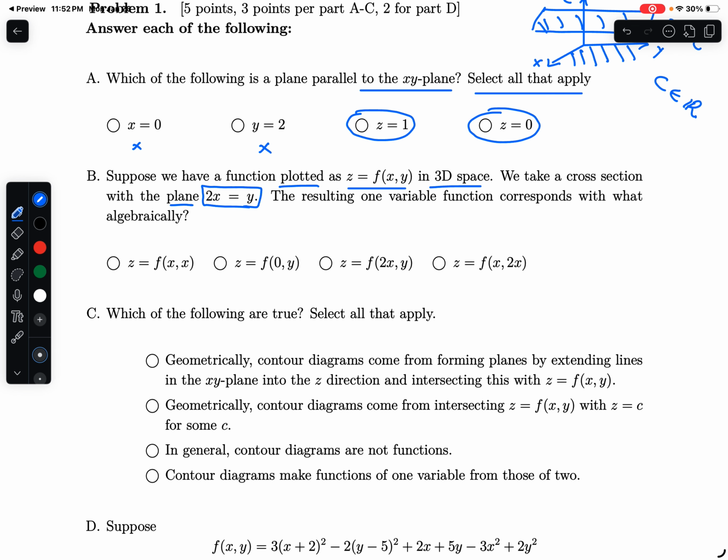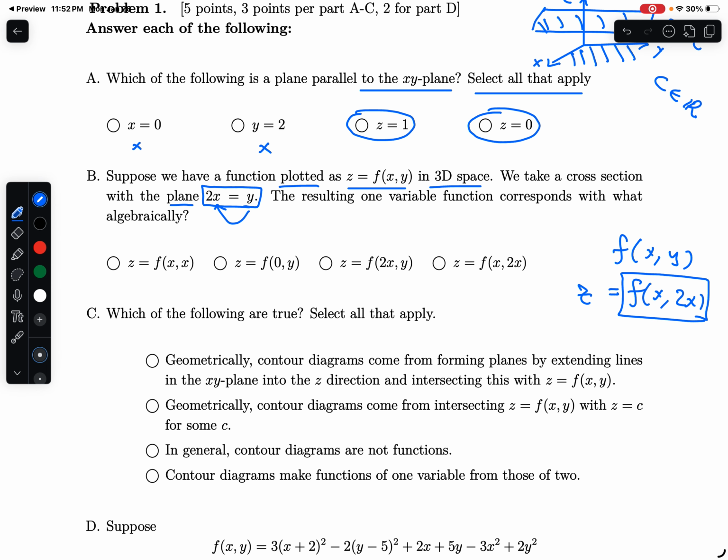So it is 3x squared plus 12x plus 12, and distribute 2 inside, minus 2y squared plus 20y minus 50, and then I have plus 2x plus 5y minus 3x squared plus 2y squared.